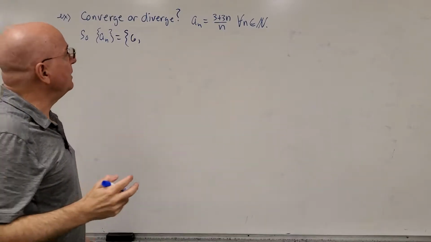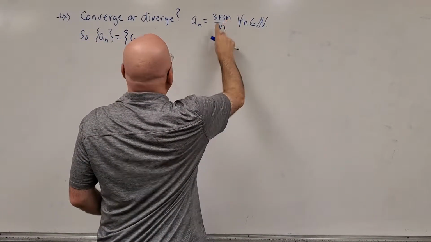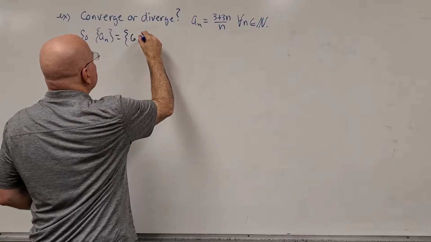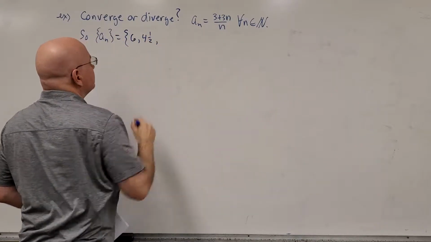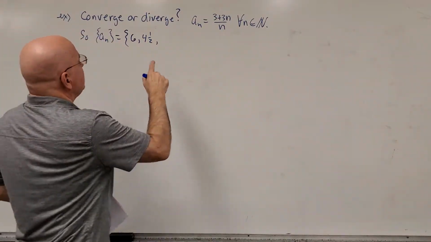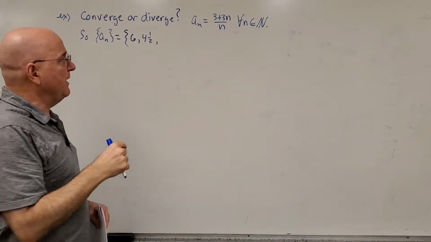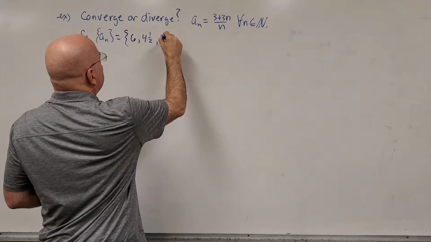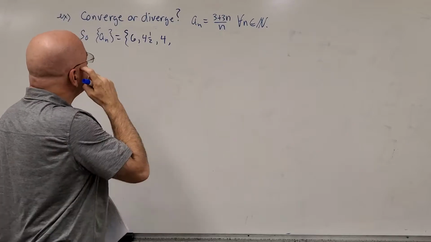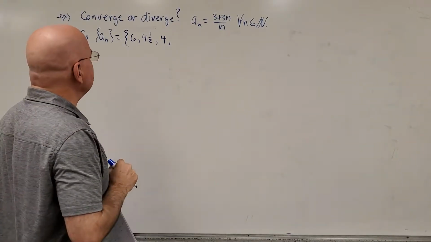When n is 2, we get 3 plus 6, 9 over 2. I'll write it like 4.5. For 3, I get 3 plus 9, which is 12. 12 over 3 is a 4.